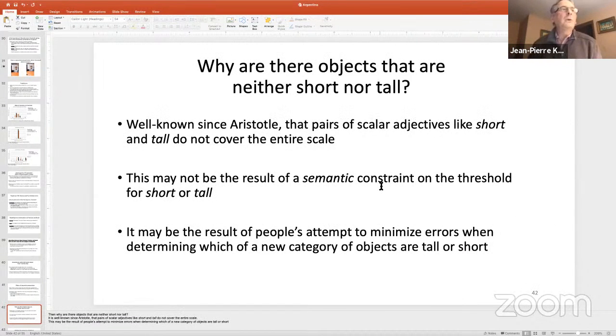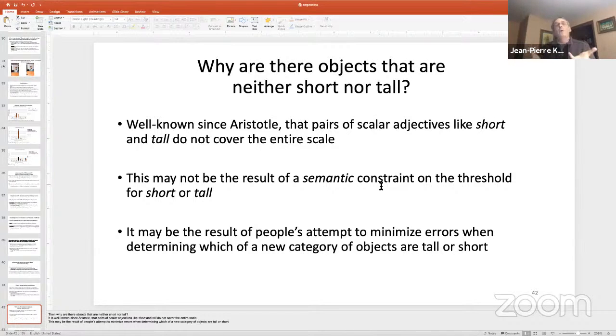Now, we want to conclude with something that is well known since Aristotle, as I pointed out to Sunjin. He is the first person to notice, because he was a logician, in the discussion of contraries in contrast to contradictories, that pairs of scalar adjectives like short and tall do not cover the entire scale.